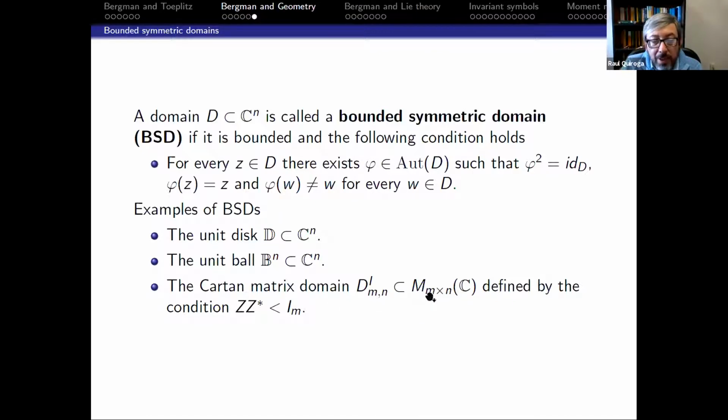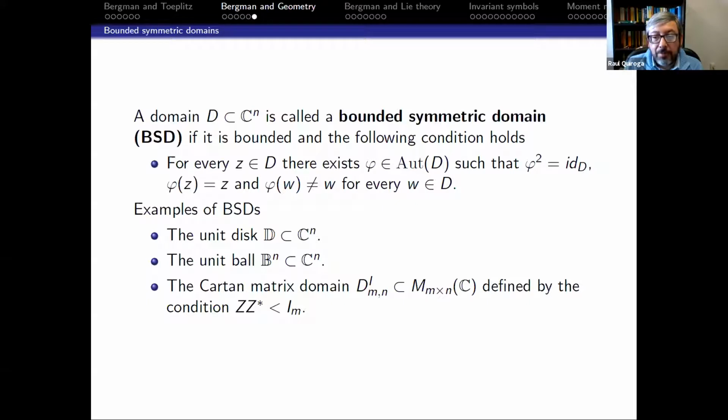So you consider matrices of size m times n and impose this condition. Z times Z conjugate transpose is less than Im, which means that the difference is positive definite. The difference is clearly Hermitian. You require it to be positive definite. Of course, this restricts for the correct values of m and n to the disk and the unit ball, but this is more general.